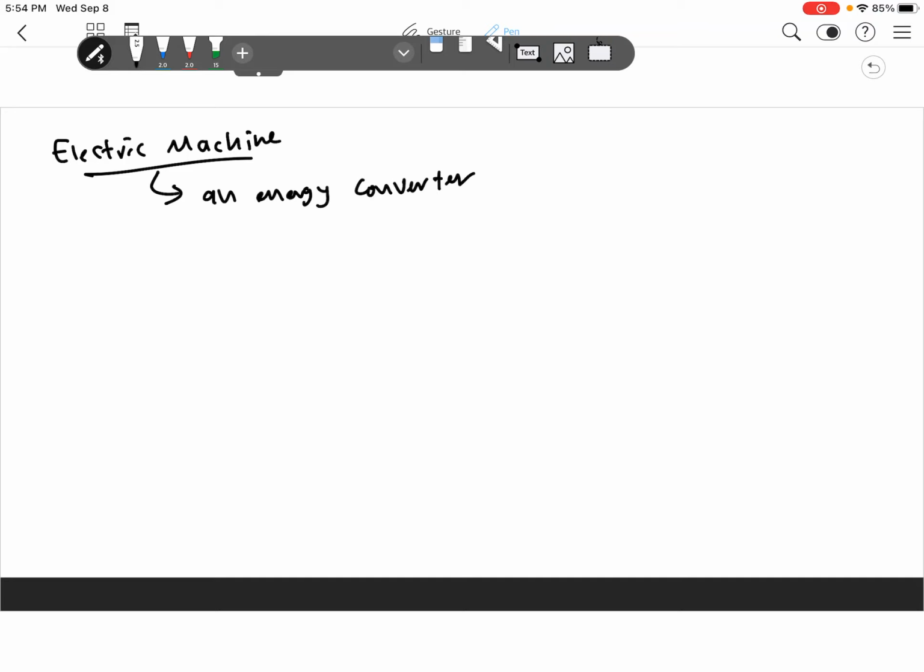So before doing anything else, I need to give you an idea of what we mean by an electric machine. An electric machine, by definition, is an energy converter. It's a device that converts energy.